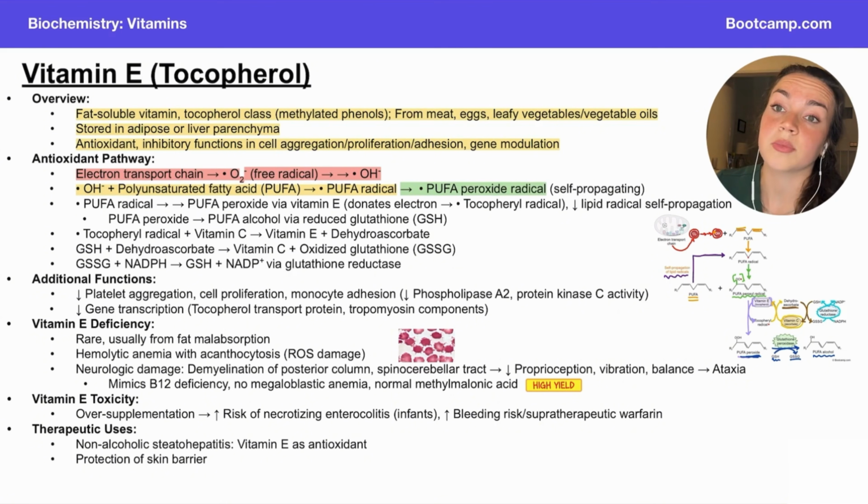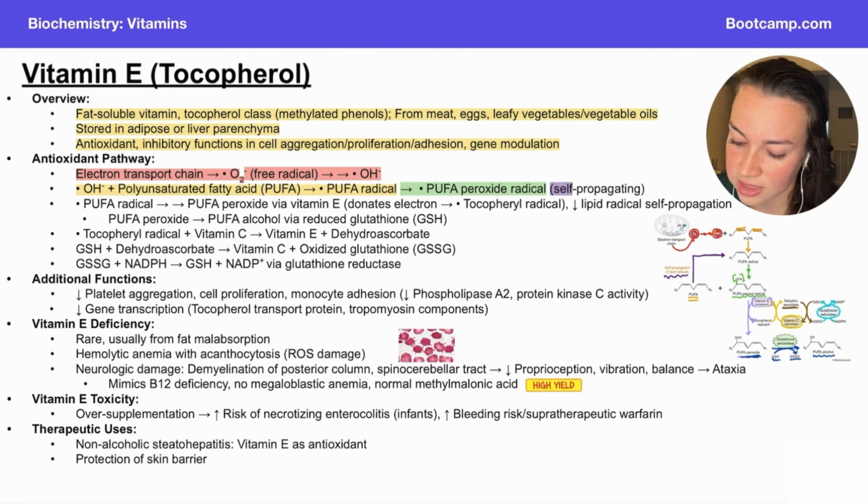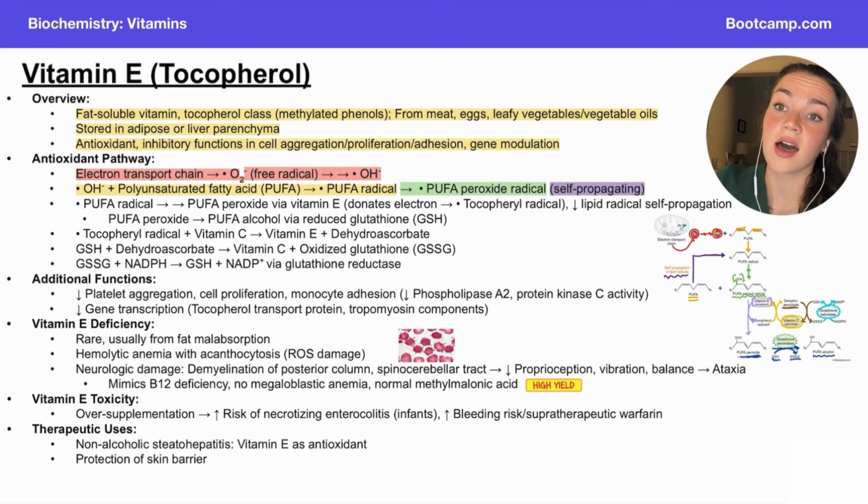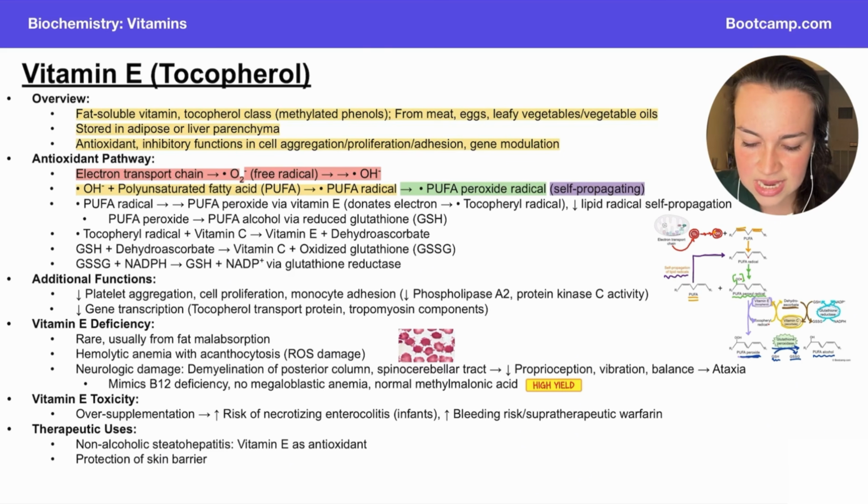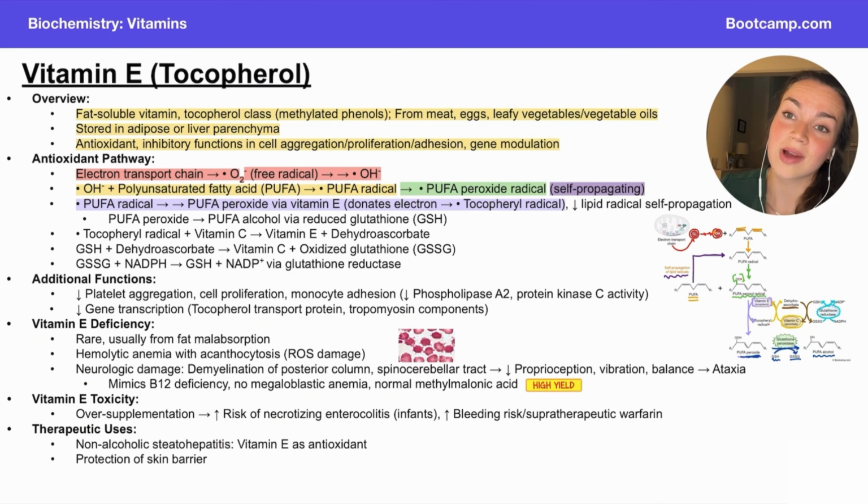We talked about how that PUFA peroxyl radical could actually self-propagate and activate other PUFAs into their radical form. So to the rescue came vitamin E, or tocopherol, which would take the radical from the PUFA peroxyl radical and leave us with a PUFA peroxide, as well as a tocopherol radical now. And by turning that PUFA peroxyl radical into just the peroxide, we could decrease lipid radical self-propagation.